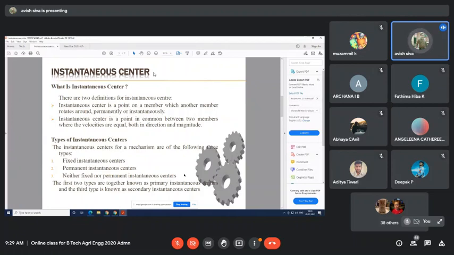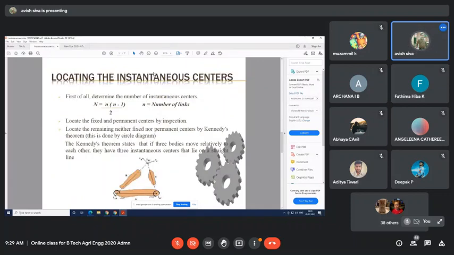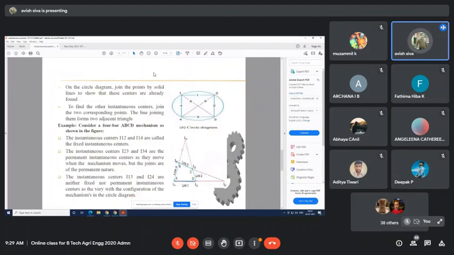Then the question is, why is the first one called fixed instantaneous center? Because they are on the same link. With respect to this figure, I14 and I12 are the fixed instantaneous centers. The reason is they are on the fixed link 1. Then I34 and I23 are the permanent instantaneous centers. Why are they called permanent?